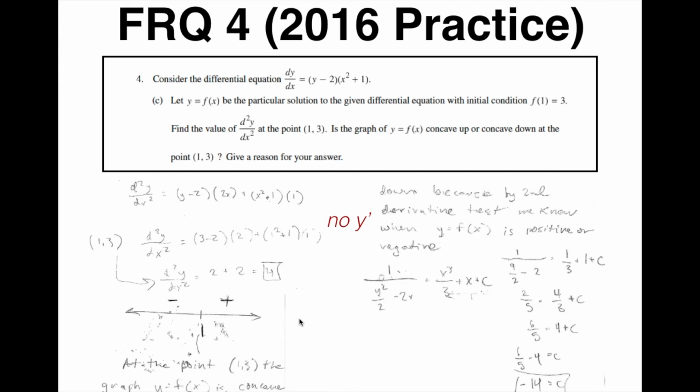So there was no way the student was going to earn points. It's difficult to manage this y prime. You had to plug in this a second time, as you saw student A do, for example. And because there's not even a chance this is going to happen, the student would not earn any points.